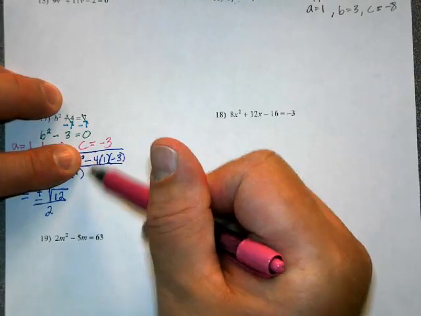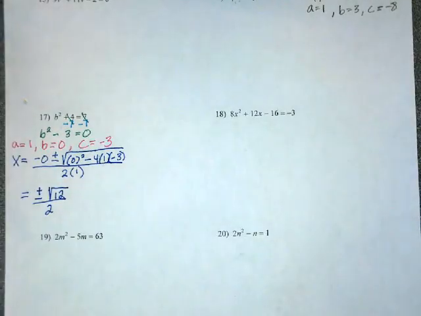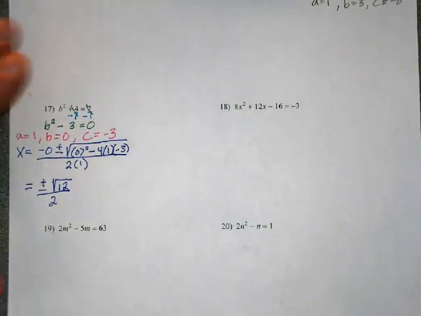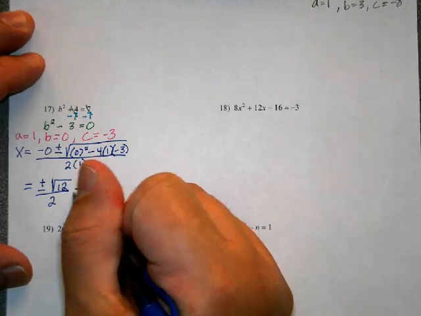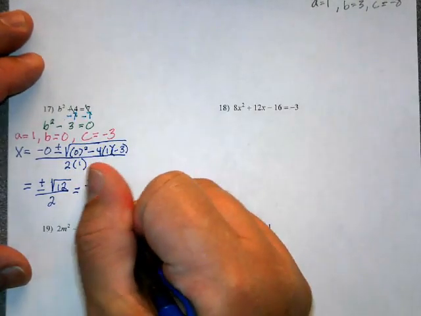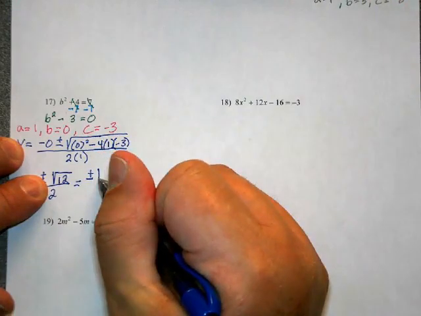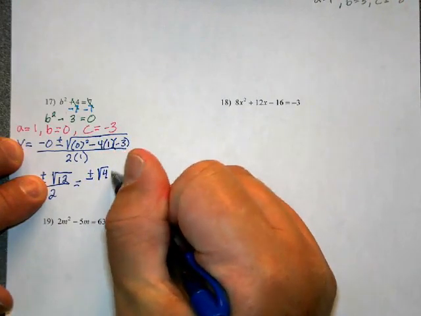But then I have to reduce my radical, right? So I have plus or minus, and I'm going to make this radical 4 times radical 3, all divided by 2.